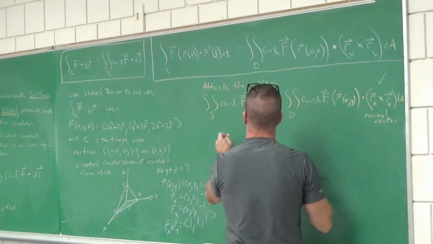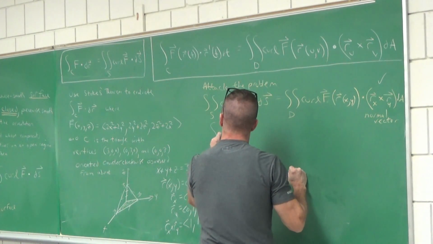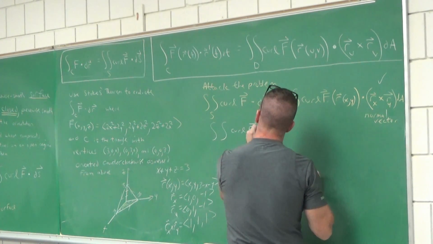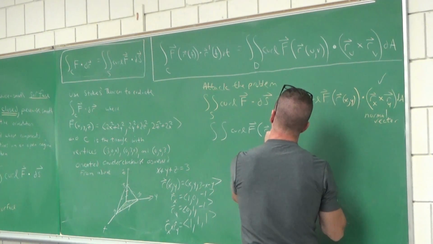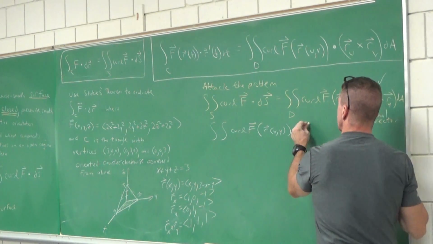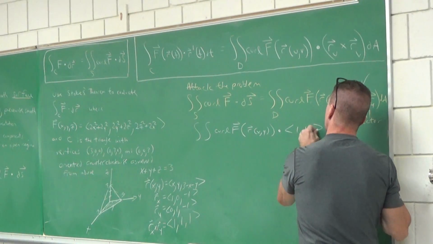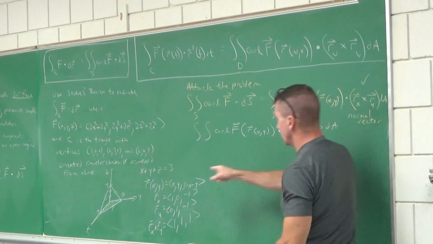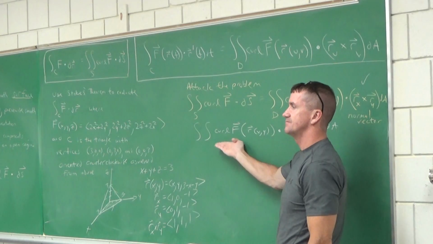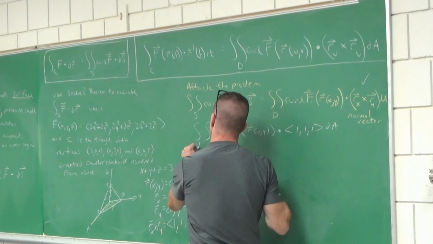Okay, so I'm going to set this up. I'm going to get the curl of F of R of x, y and do the dot product with this nice little normal vector. And we'll project it right over that yellow region. But now what do we got to do? We got to find the curl.